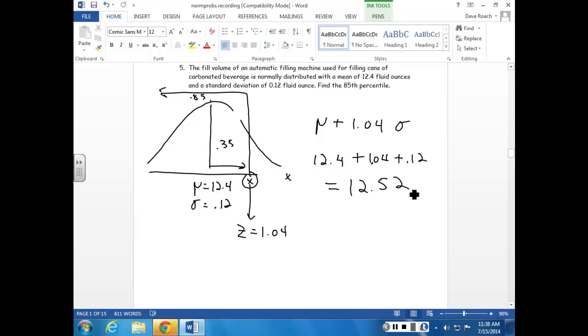So 85% of values, or 85% of the fill in these cans, is below 12.52.